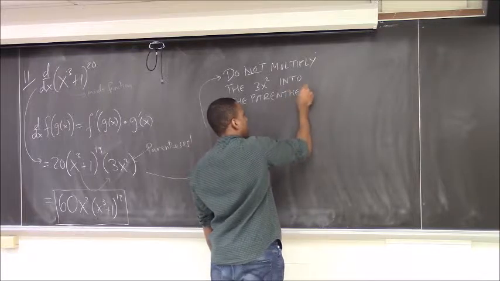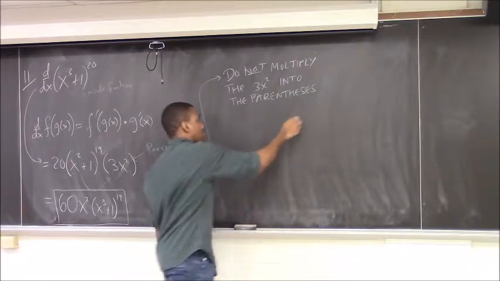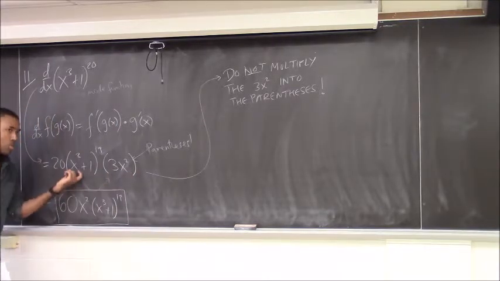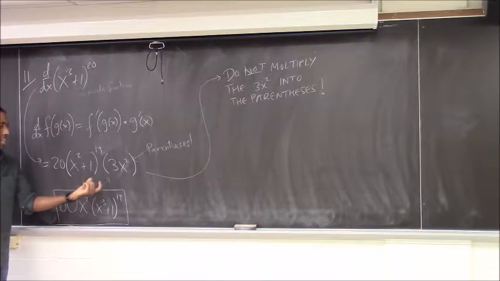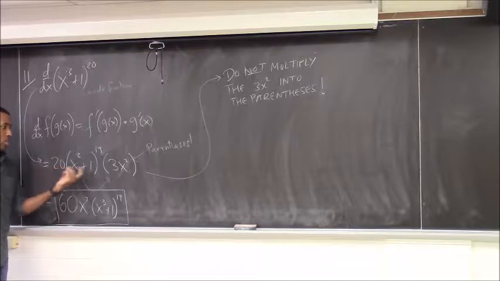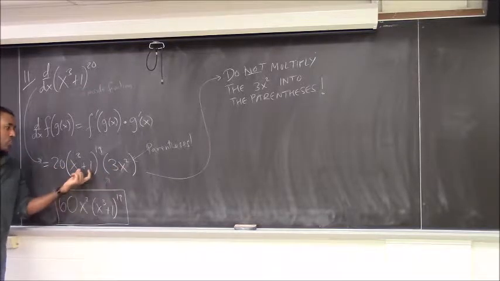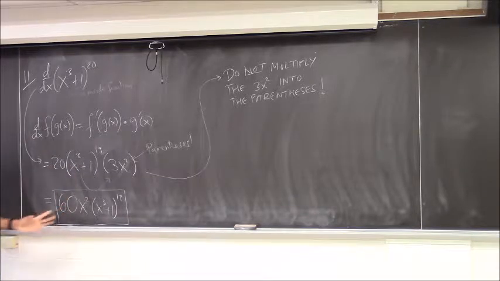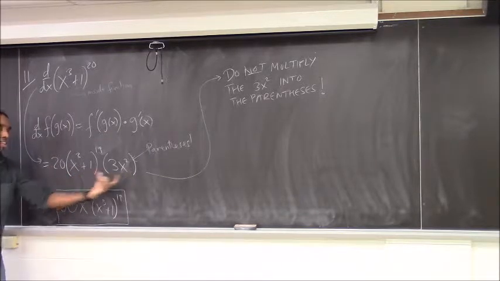That is not something that you can do, right? You can't take this 3x squared and multiply inside here, right? So you can't write this as 3x to the 5th plus 3x squared to the 19th, right? That will not work. Just want to make sure that no one even had the thought of doing that.